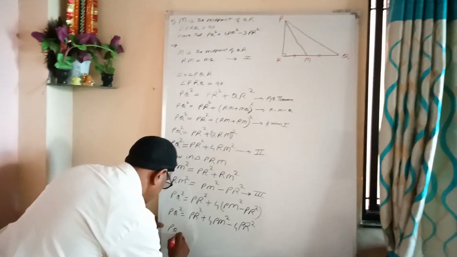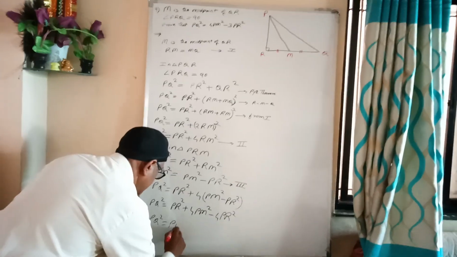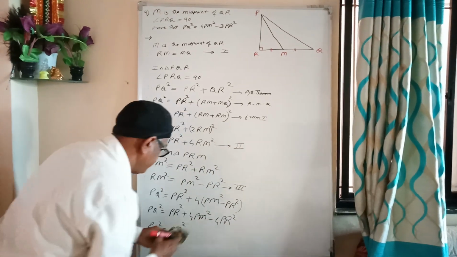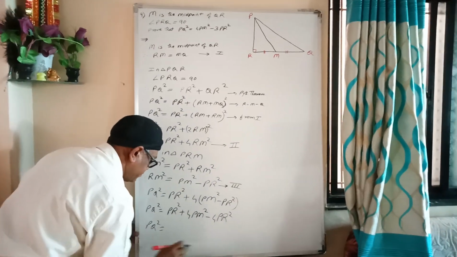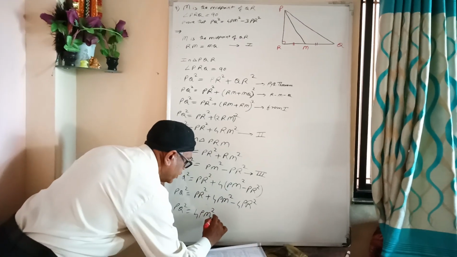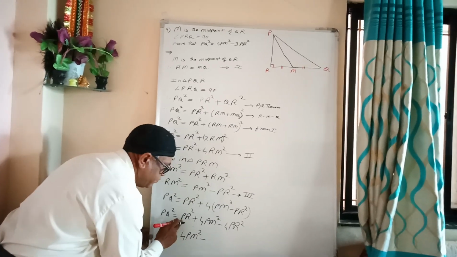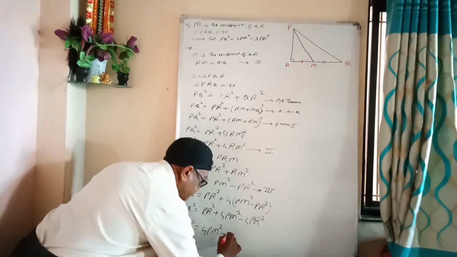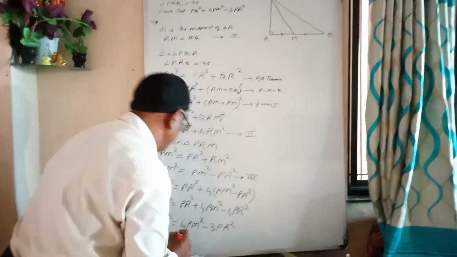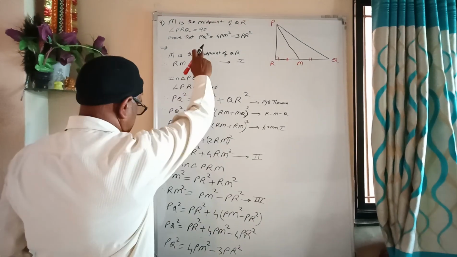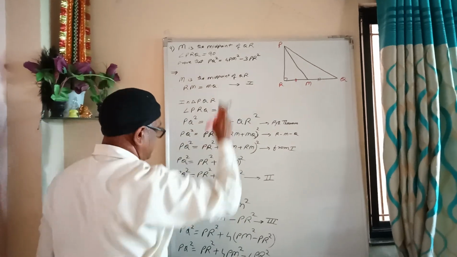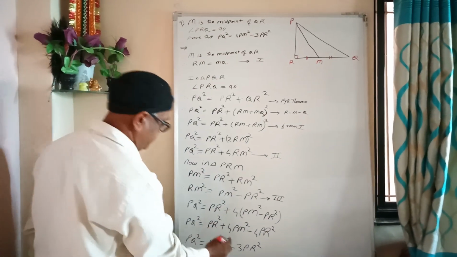Therefore, PQ square is equal to 4 PM square, PR square minus 4 PR square, that is minus 3 PR square, which we have shown. PQ square is equal to 4 PM square minus 3 PR square, which is proved.